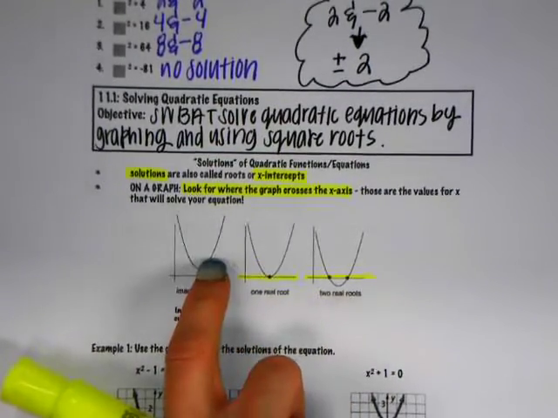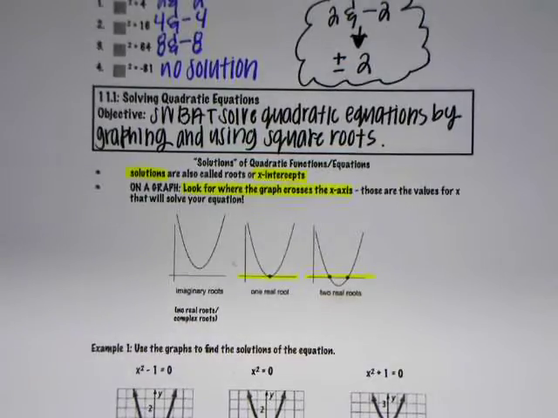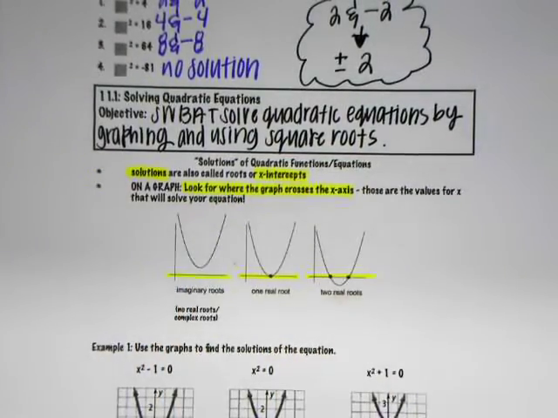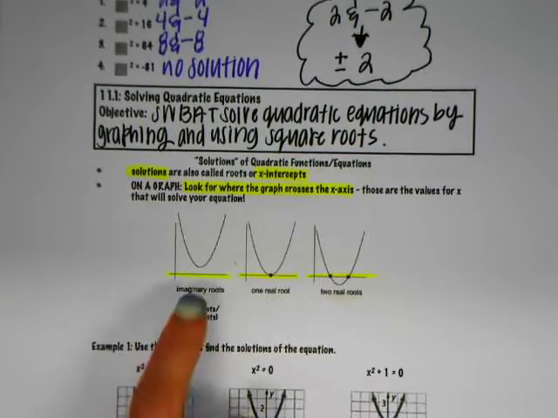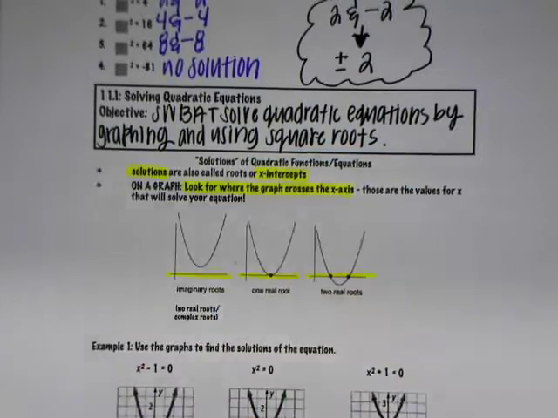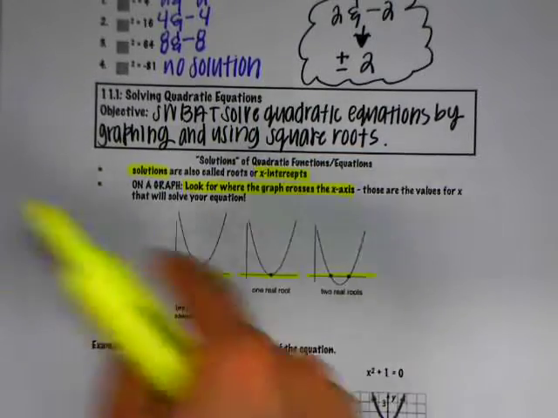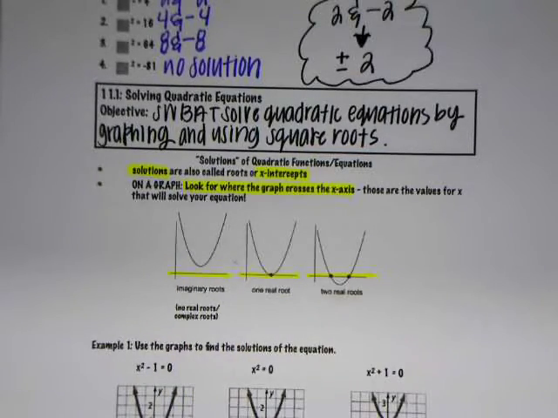And if it's sitting above the x-axis where it won't cross, or sitting below and upside down, it's technically no real solutions, because there are imaginary solutions. But you're not going to learn how to find those until Algebra 3-4. So you pretty much just say no real roots. You could say complex roots, all kinds of different ways to say that.